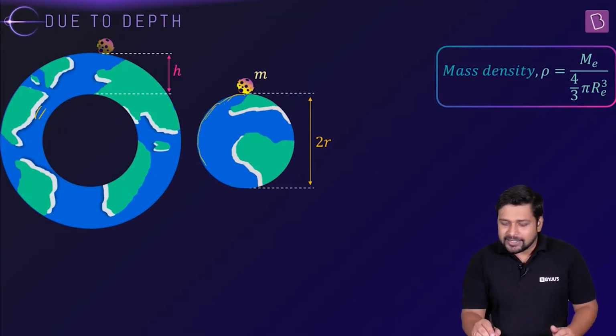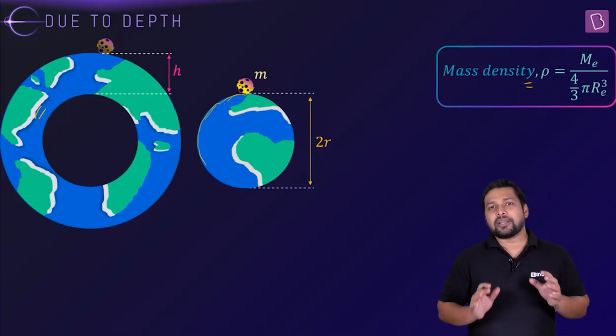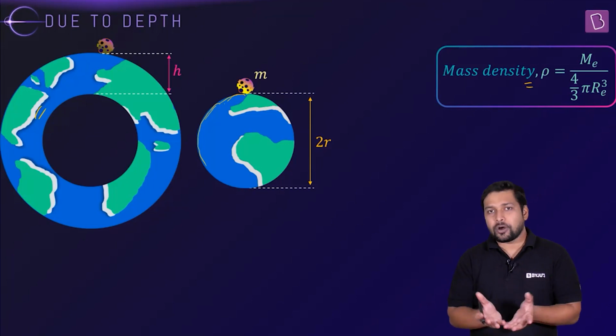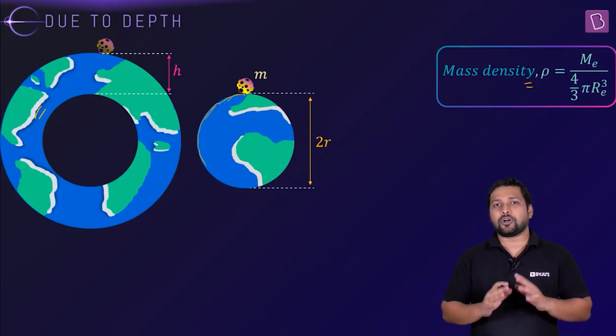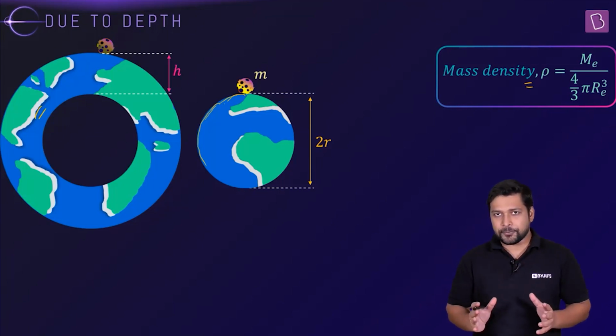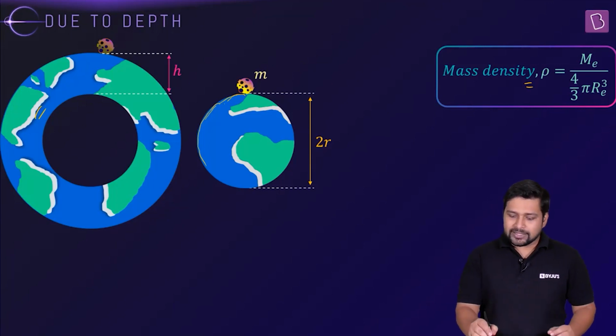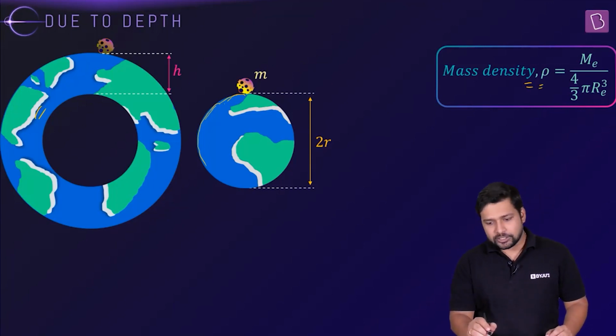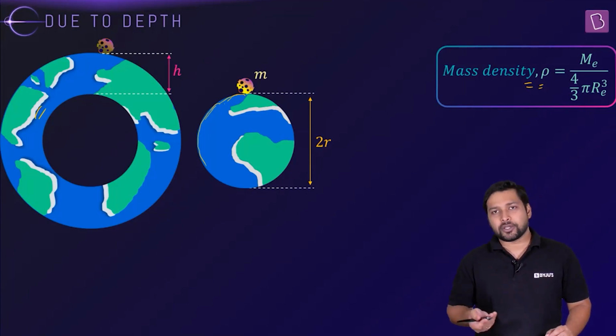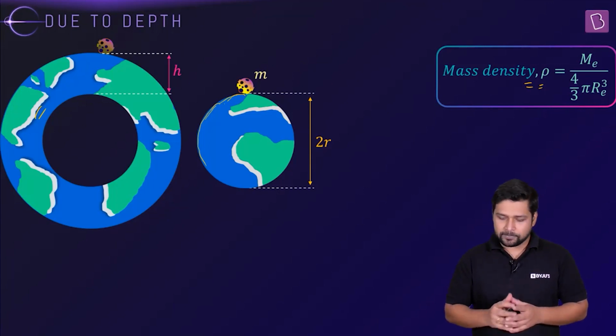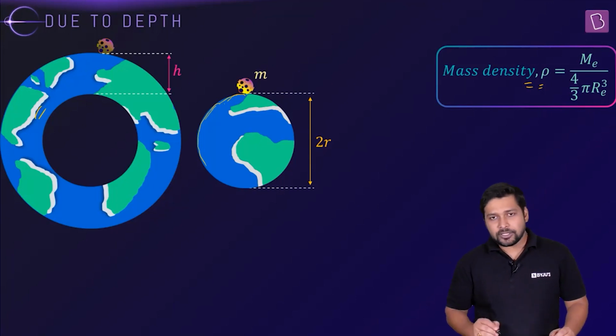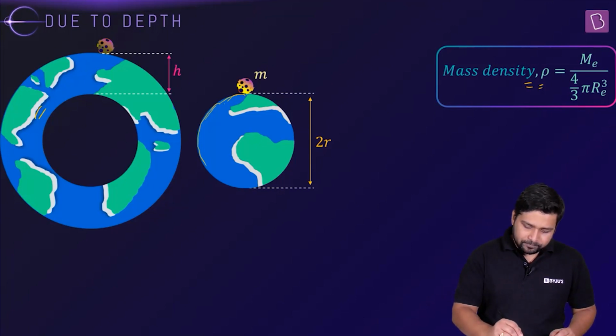So let's say the mass density of the earth is rho, and we will assume the earth to be a uniform sphere, with constant and uniform mass density. Density is equal to mass divided by 4/3 pi R cubed, which is the volume of the earth, where R is the radius of the earth, and the part that we are talking about has radius small r.